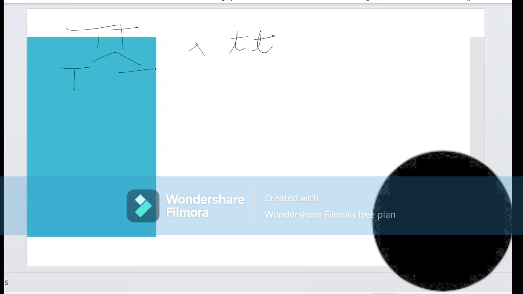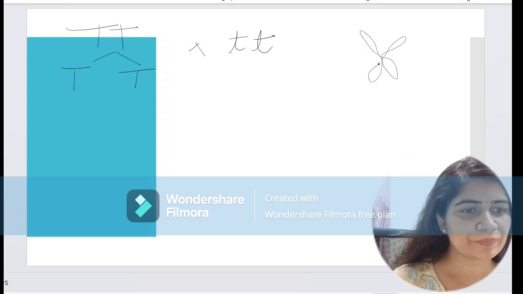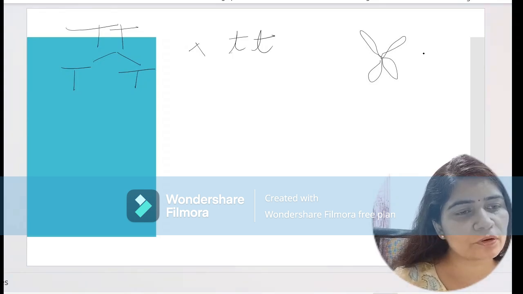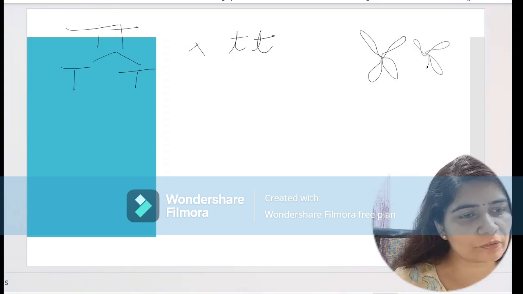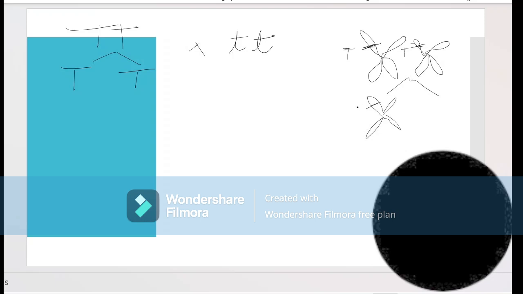So first is the law of dominance and second is the law of segregation. As you can see, we are segregating the two genes. These two genes are present on the two homologous chromosomes that I am drawing on the screen. One chromosome is from the mother, another one is from the father. So one gene will be capital T present on one chromosome, the other will have other capital T, right?